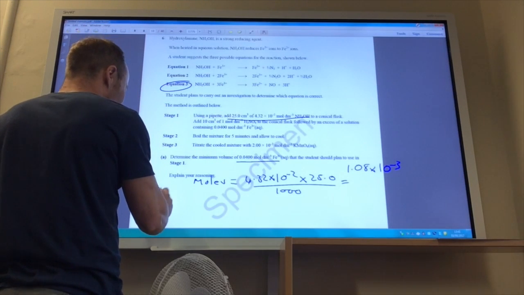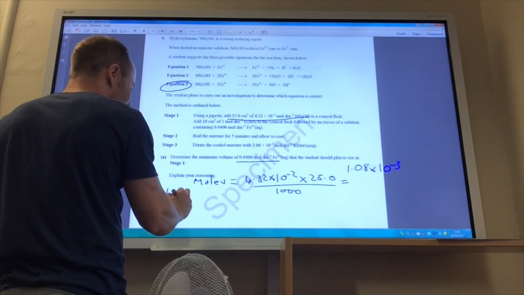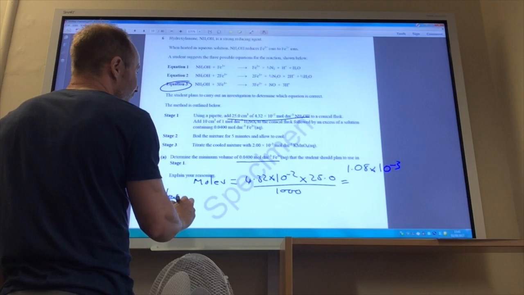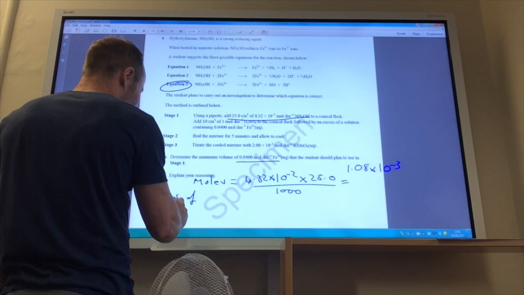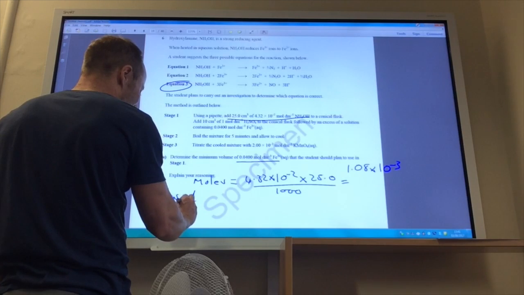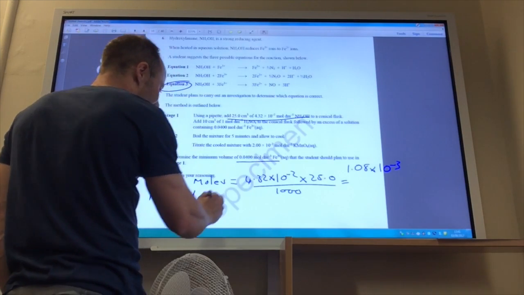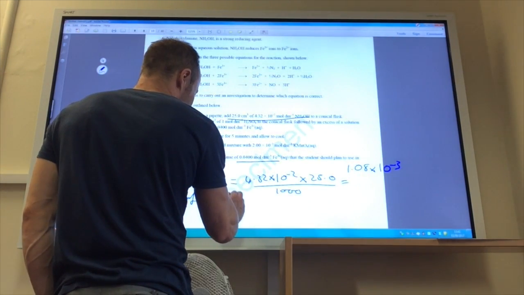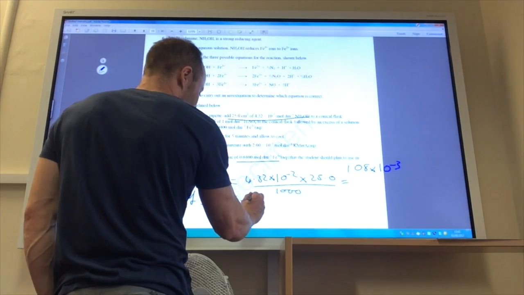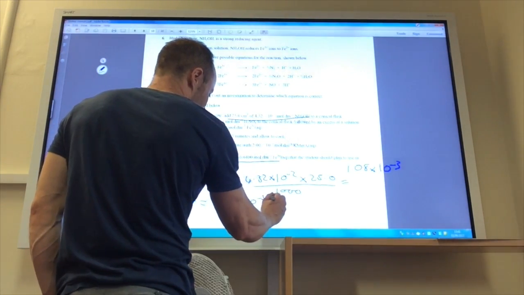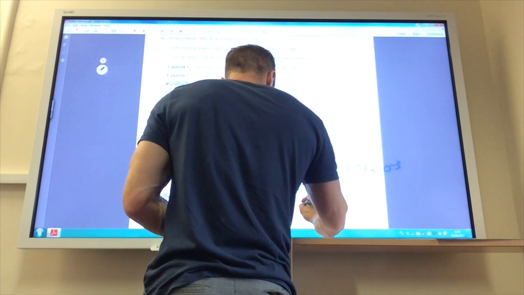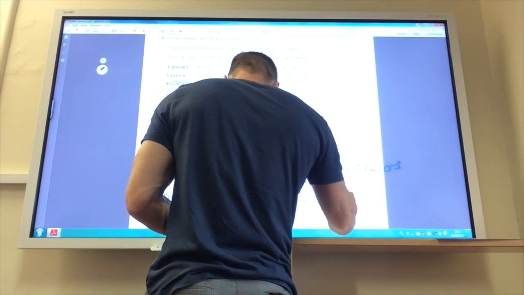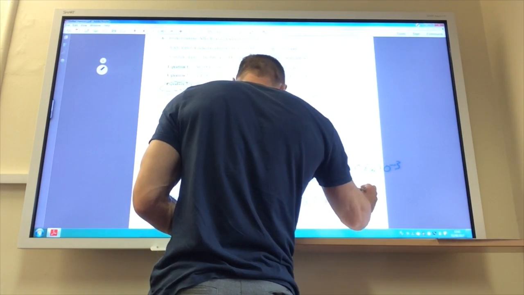Therefore, moles of Fe3+ to react is going to be that number times 3, which comes to 3.24 times 10 to the minus 3.